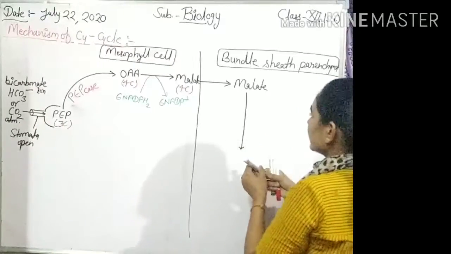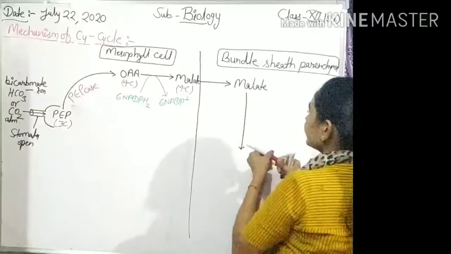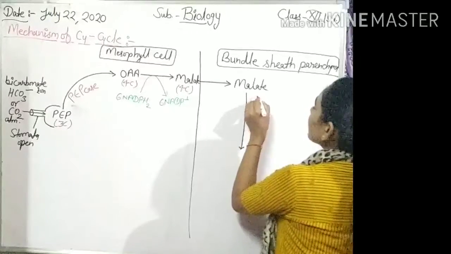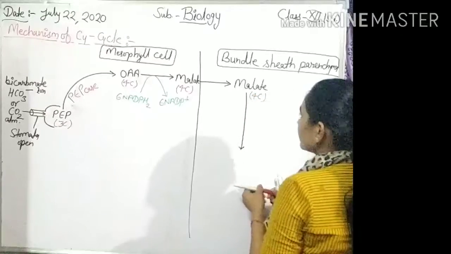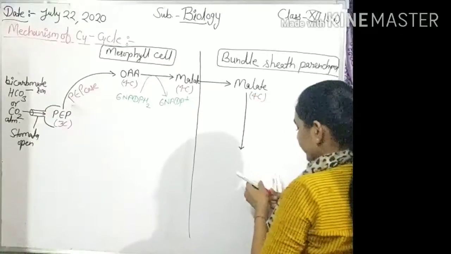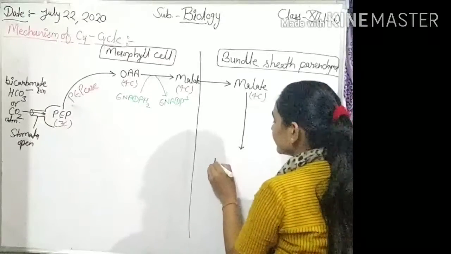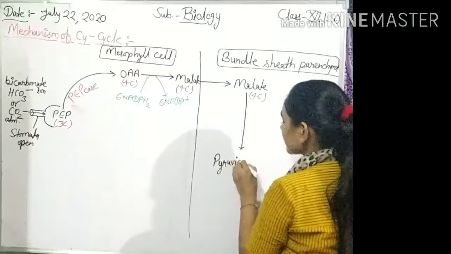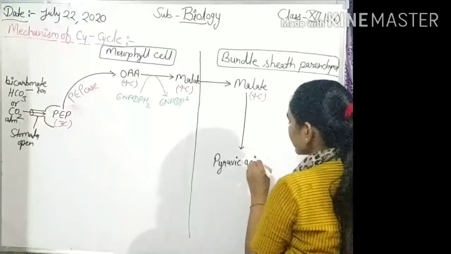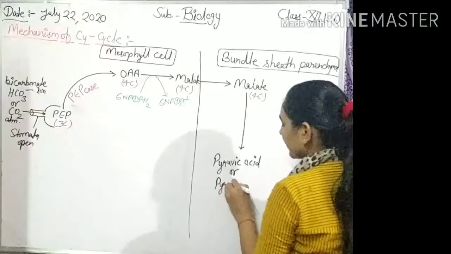It means one CO2 molecule is released from malate, and malate converts into pyruvic acid, or pyruvate.